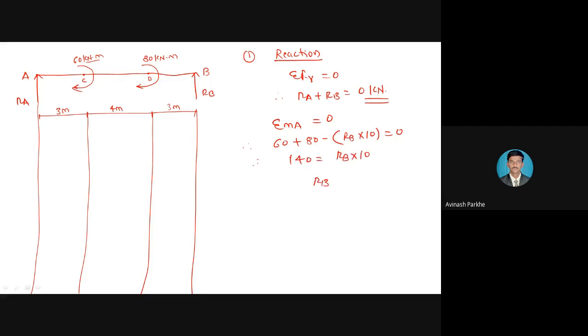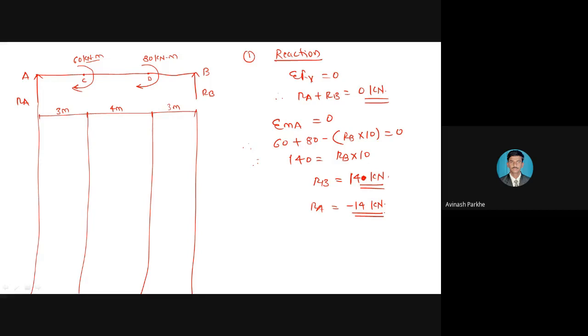So what will be the RB value? 14 kilonewton. And then what will be the RA value? Minus 14 kilonewton. RB is equal to 14 and RA is equal to minus 14 kilonewton.